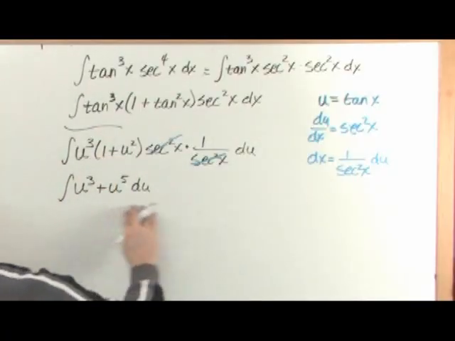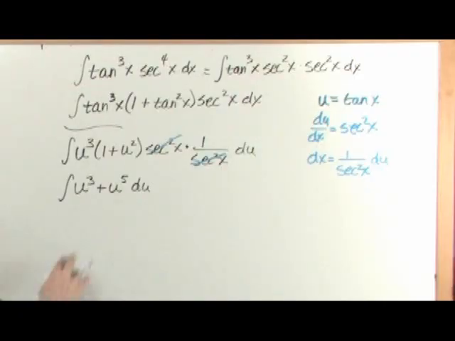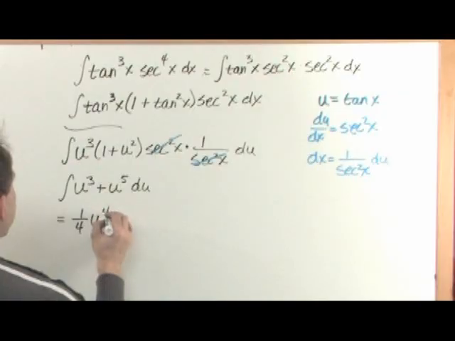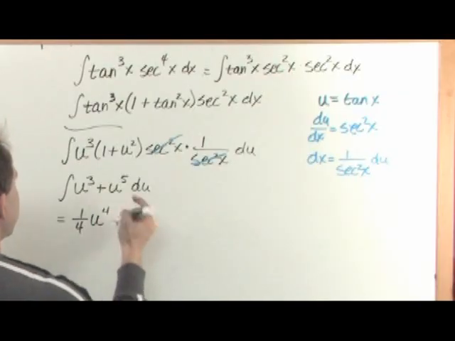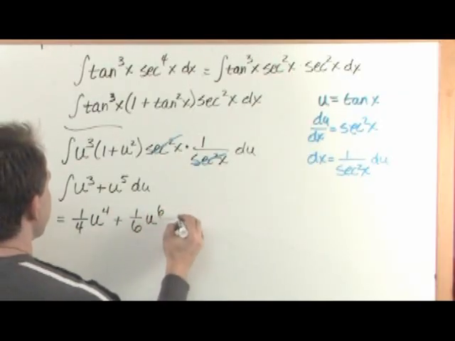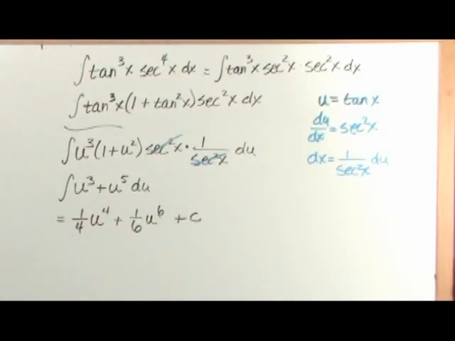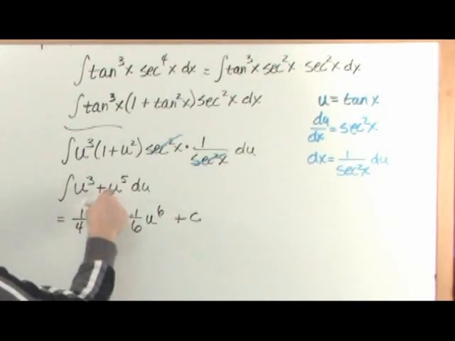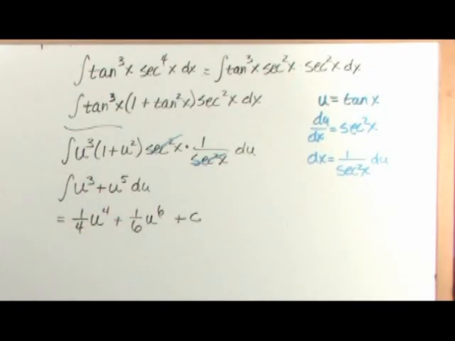And then I can actually integrate this thing right here because it's just a simple polynomial. So that's going to be 1/4 u to the 4th power plus 1/6 u to the 6th power plus a constant. Your simple integration of your polynomial. 1 over exponent plus 1 times u to the exponent plus 1. Same thing for this one, exponent plus 1.